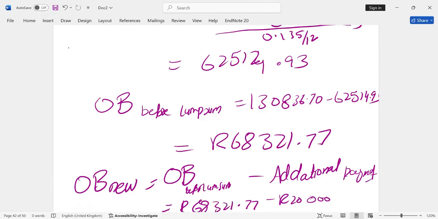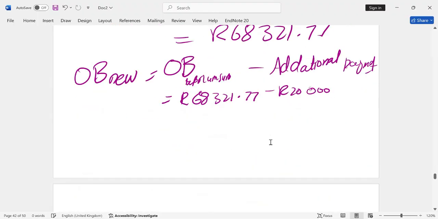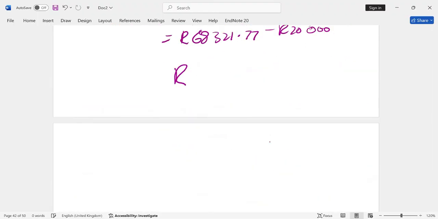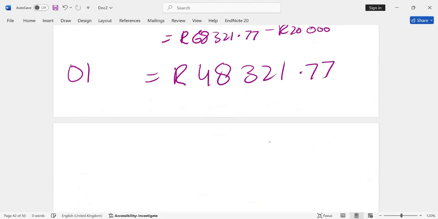The answer is we have R 48,321.77. This equals OB new. Now we have to find out the new number of payments.